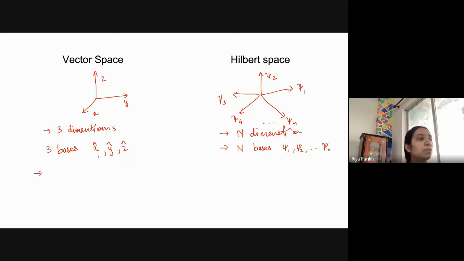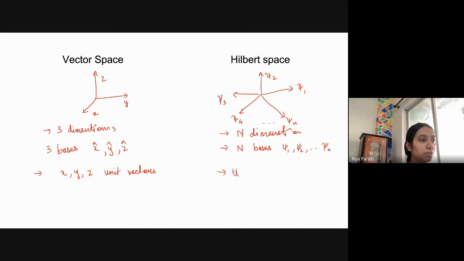And we also know that these bases are unit vectors. So x, y, z are unit vectors. Similarly, in Hilbert space, they are units, but they are unit functions, not vectors. So Hilbert space is an n-dimensional space with basis as a function.